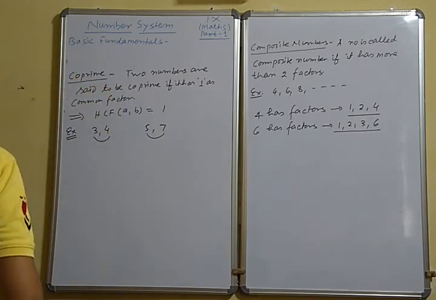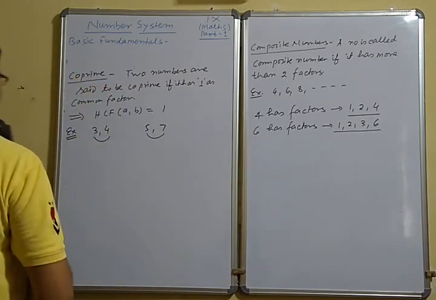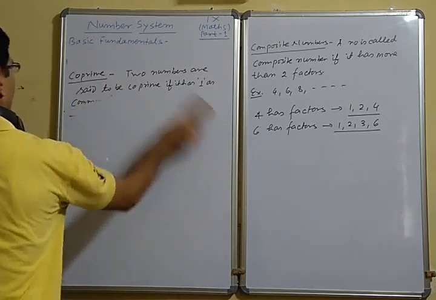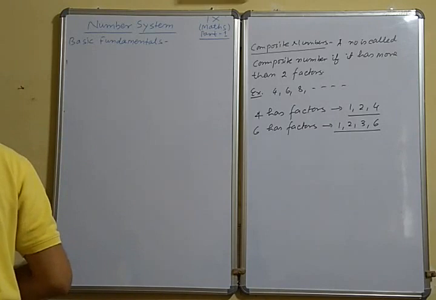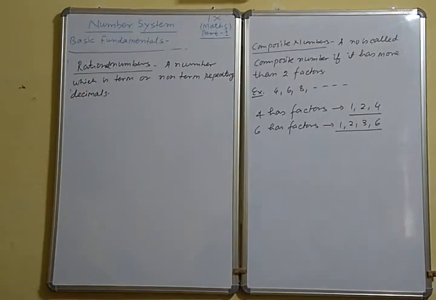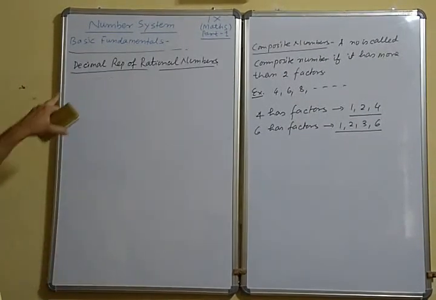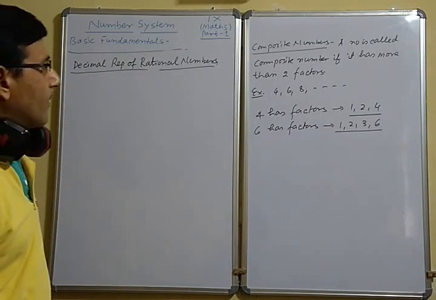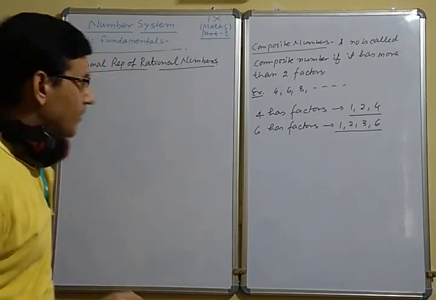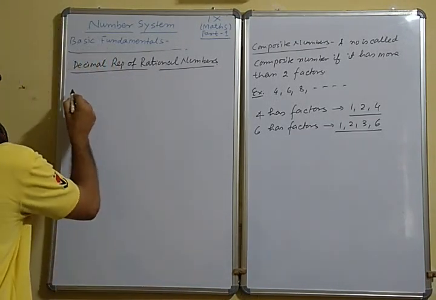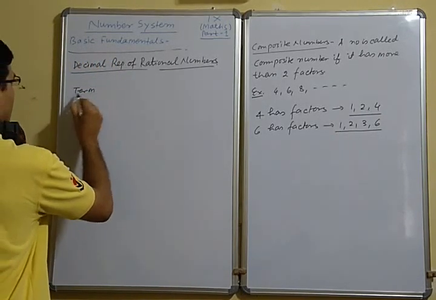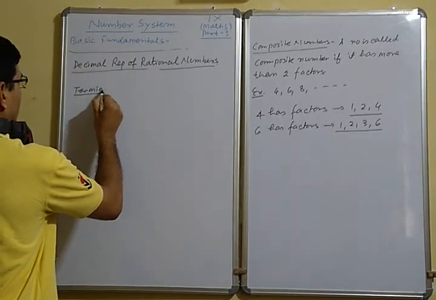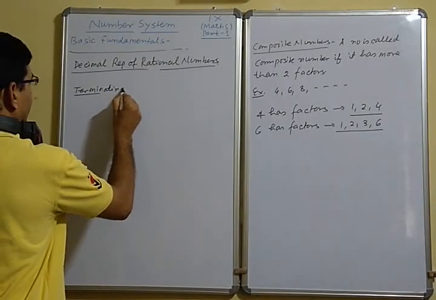Now the next point is decimal representation of rational numbers. Here two terms are very important. First is terminating.